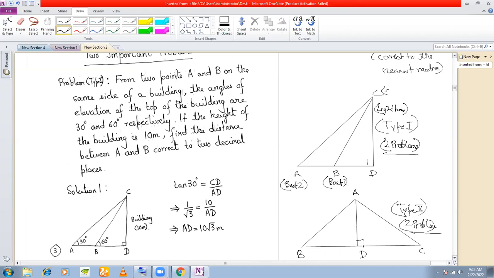So here you have an observer who's looking down from the lighthouse, and he sees a boat 1 here and he sees the boat 2 here. And two angles will be given to you, the angle of depression. So angle of depression will be given to you in the sense that the angle of depression of boat 1 is this angle, right? And angle of depression of boat 2 is this angle, right? So these two angles will be given.